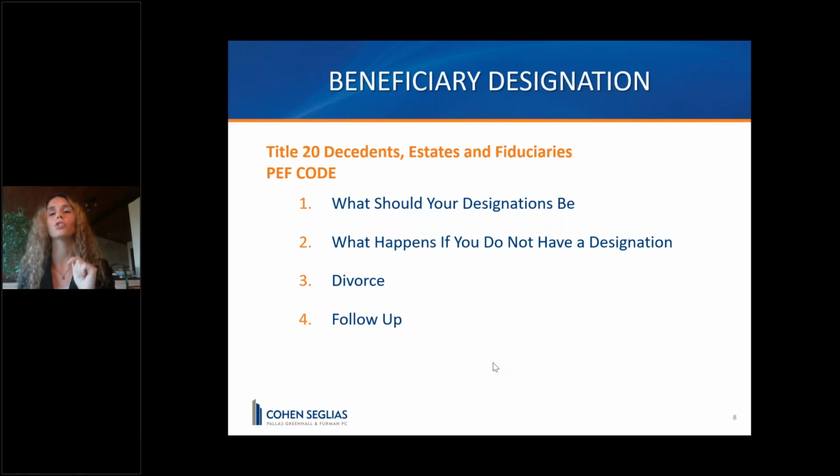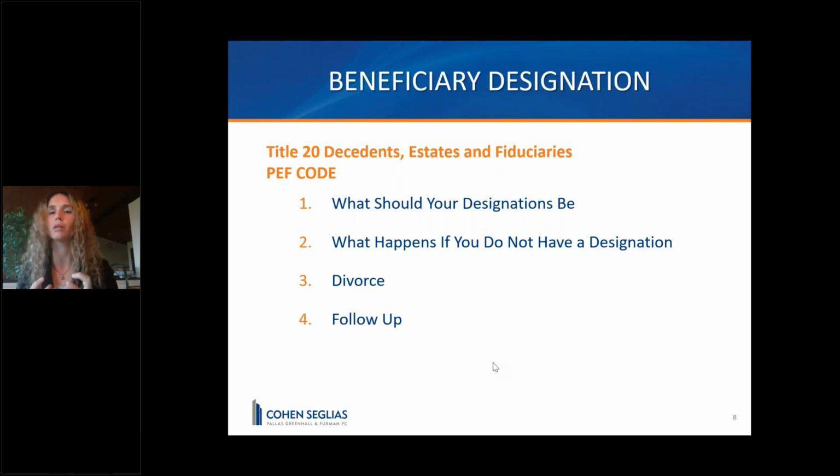And even if you have your children named, you might want to consider updating that to my children per stirpes, in per stirpital shares. Per stirpes, I love to say this word because I took about 8 years of Latin, and I wasn't actually sure what it taught me in life, but thankfully I became a lawyer, and we still use Latin-y words like per stirpes, which means by the bloodline or by the branch. That can be really important. So if one of your children passes away before you, you're saying you want their individual share to go down to their children, and if they don't have children, up and over to your other children.